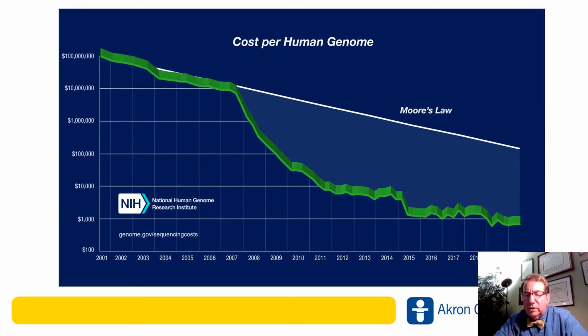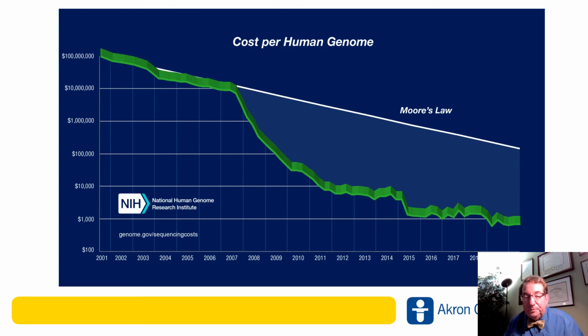The actual cost of doing this is debatable, but some people say it's as low as $200. And our patients are charged $1,000 because there's got to be some profit to be made for what used to be an incredibly expensive test.